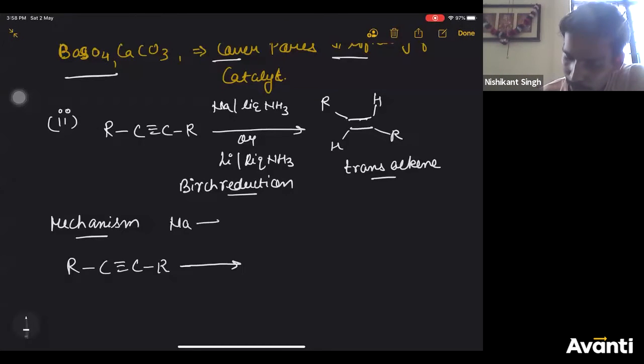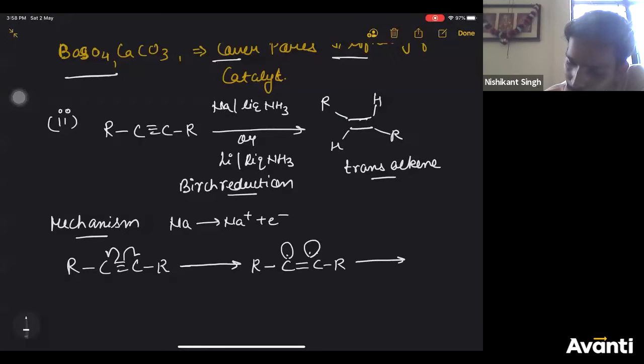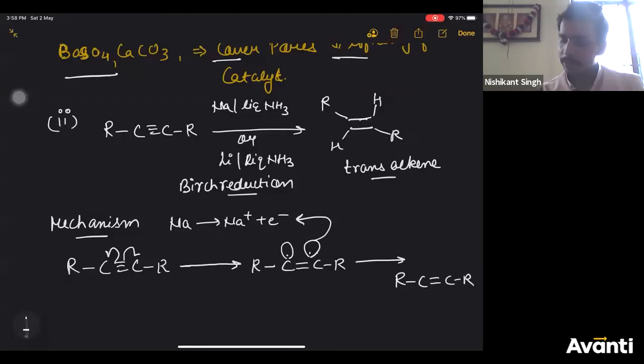So sodium will lose one electron to form Na+ and e-. The bond present over here will undergo homolytic cleavage to give a kind of diradical, one radical here and one radical here. The extra radical will take the electron, and you will get a negative charge here because there are two electrons now.